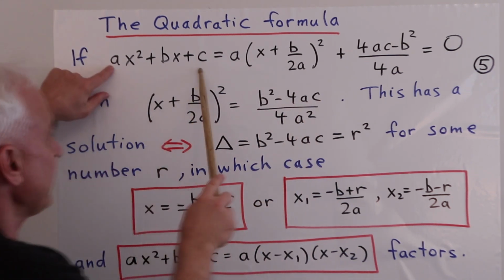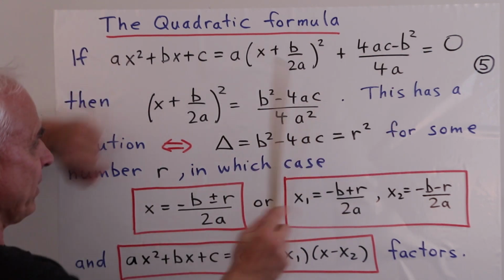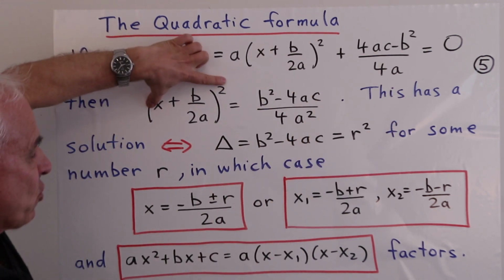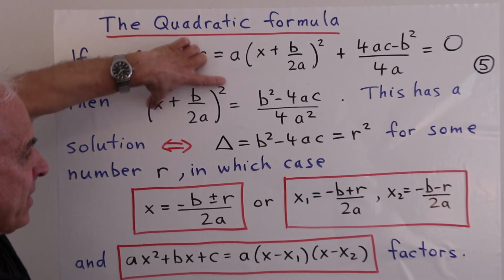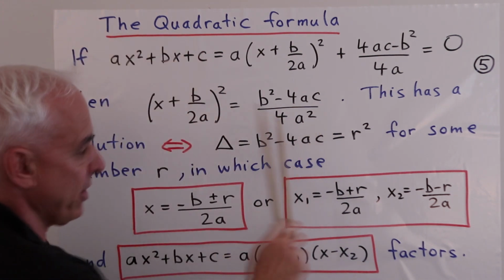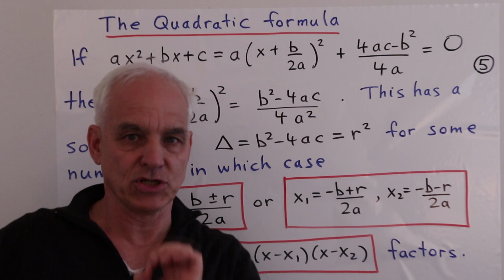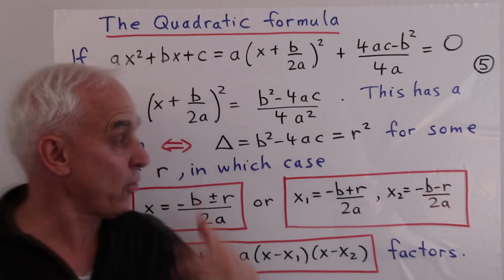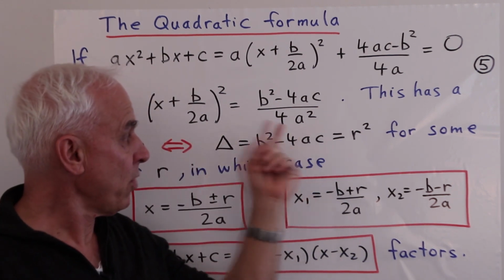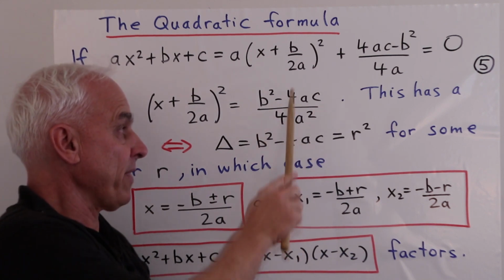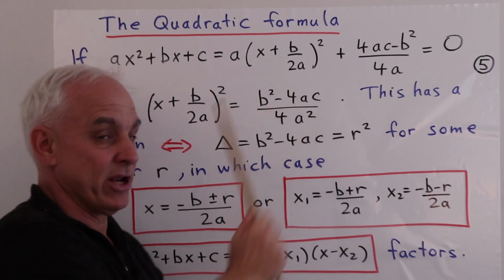So solving this thing equals 0 is the same as solving this. This is a perfect square on the left-hand side. On the denominator here, we see that this is also a square. So in order for this to have a solution, we're going to want this whole thing to be a square. That's really the same as having the numerator be a square.